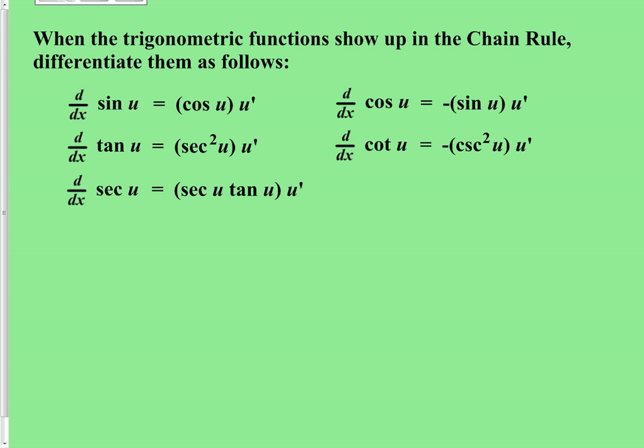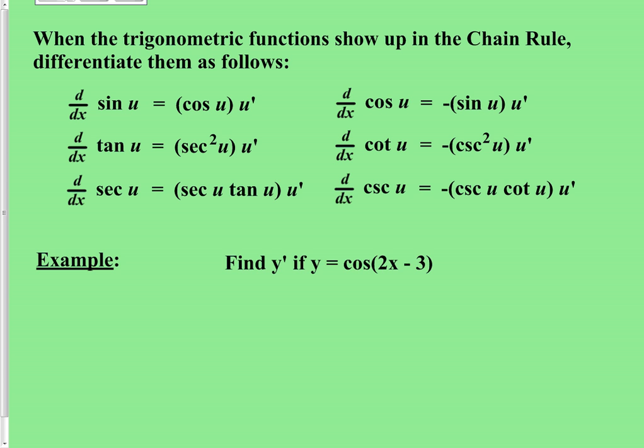The derivative of secant is secant u tangent u, and then the derivative of u. The derivative of cosecant is negative cosecant cotangent, and then the derivative of u. So very similar definitions to what you already had. You just need to now take into consideration that u is a differentiable function that we must also tend to before the problem is over. So let's take a look at one.